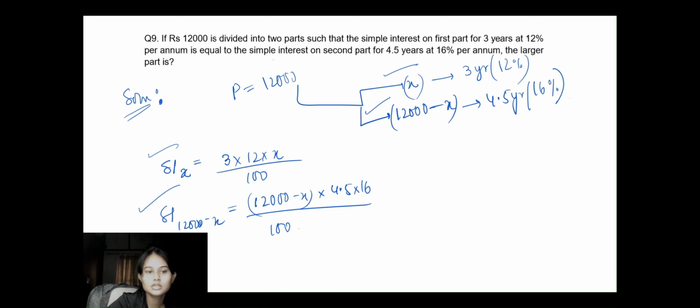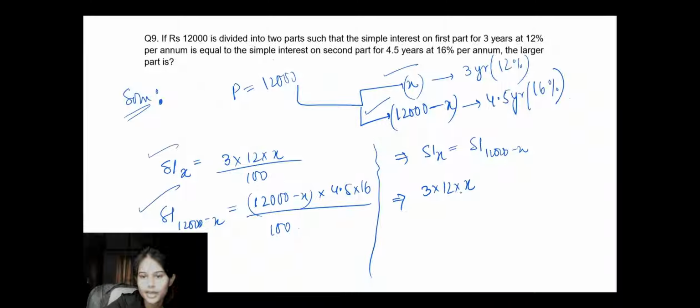Given these two are equal, then we can directly imply that SI of x equals SI of 12,000 minus x. Now equating this, we get 3 into 12 into x by 100 as 12,000 minus x into 4.5 into 16 divided by 100.